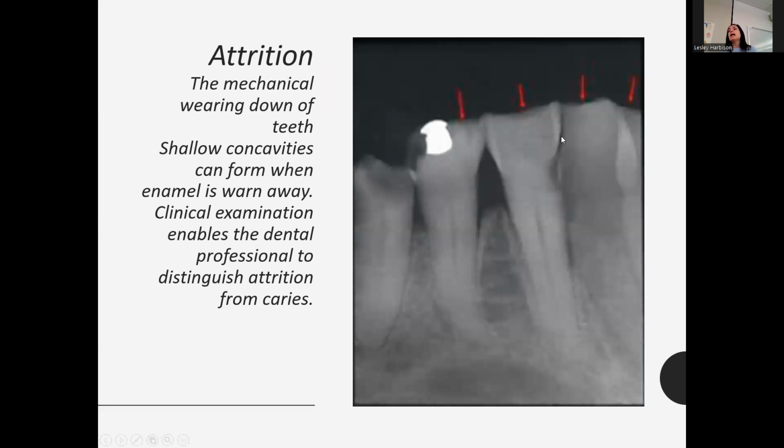Okay, attrition is another one that you will tell very quickly just by looking in somebody's mouth, but you can see how it shows up on a film as well. The top part of the tooth looks like it's been ground away. Because it's exposing dentin, which is softer, and from the constant washing of all the different harsh environments in the mouth, a lot of times you'll end up with little dips or little cavities.